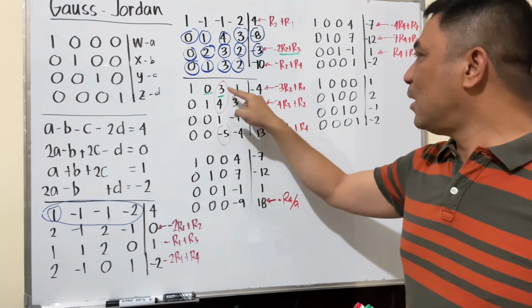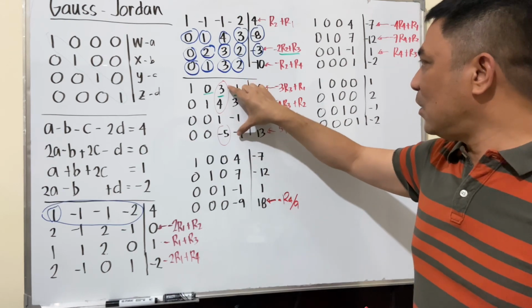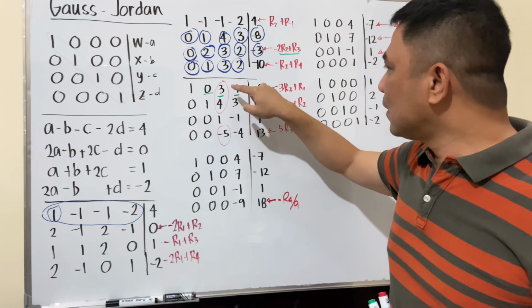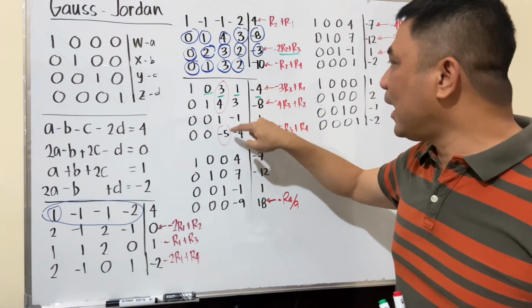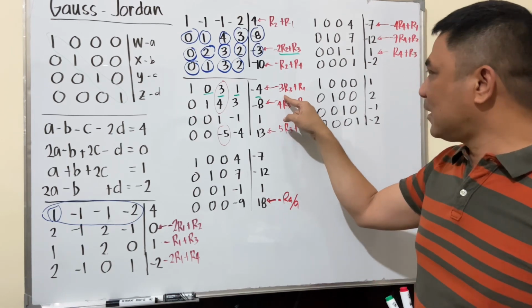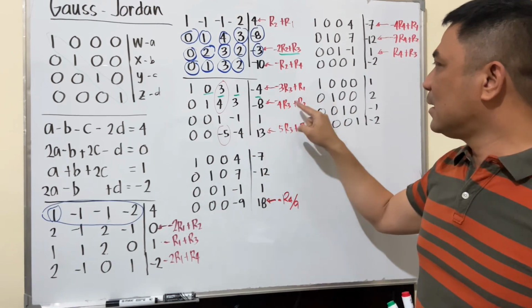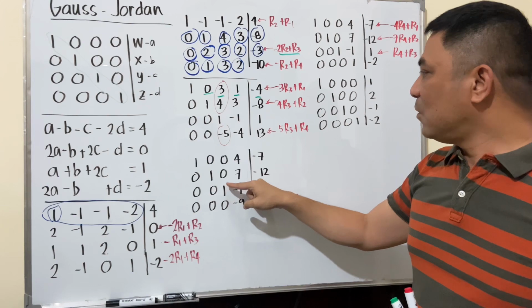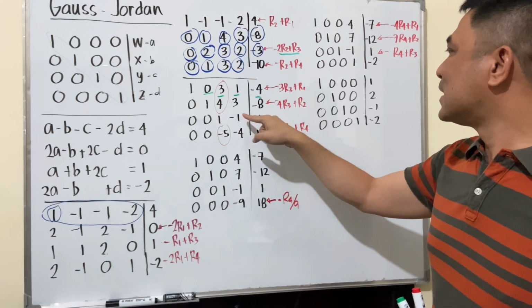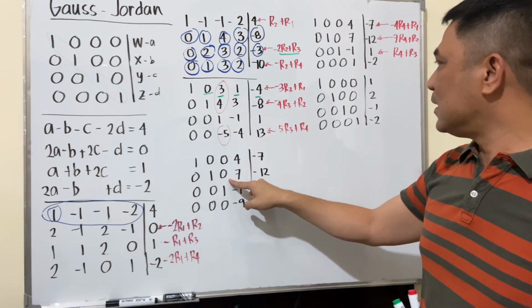So how will you make this 3, 4, and negative 5 into 0 in this column? You make the formula negative 3R3 plus R1, so it will make you 0 here. Negative 4R3 plus R1 will make this one 0.